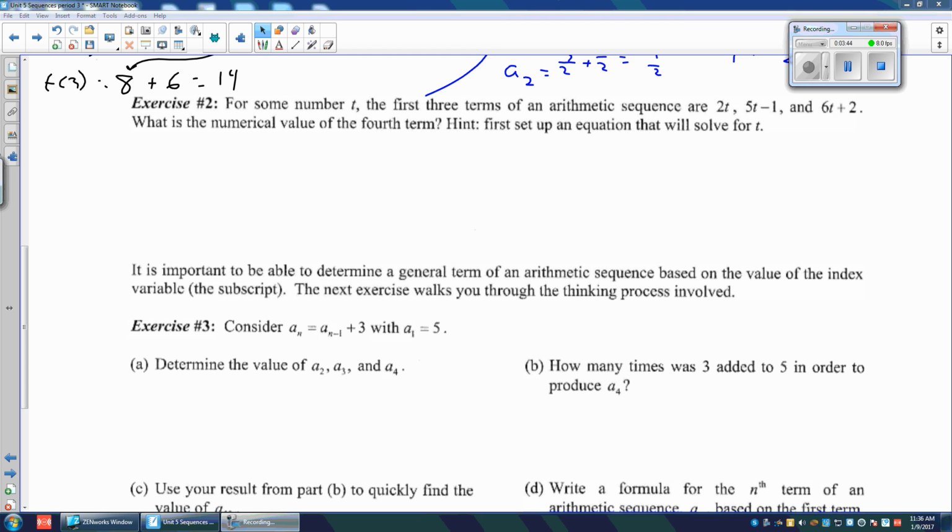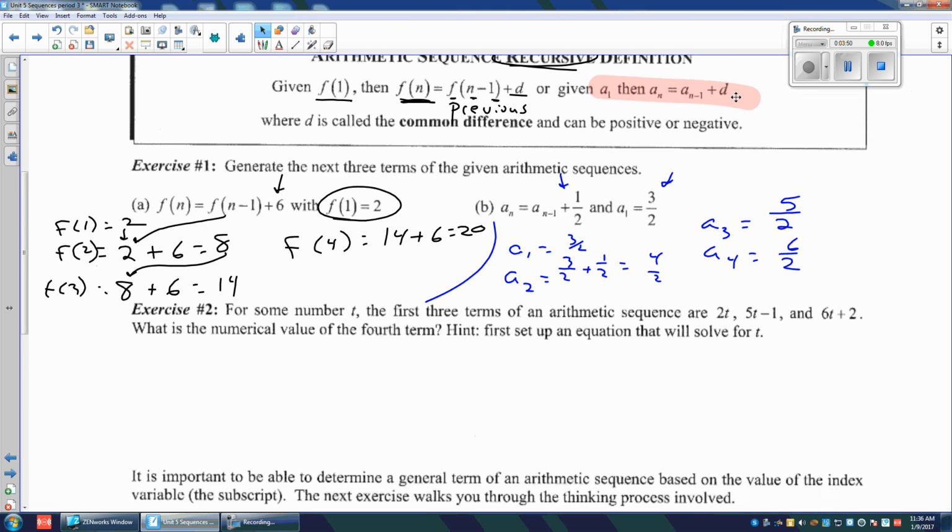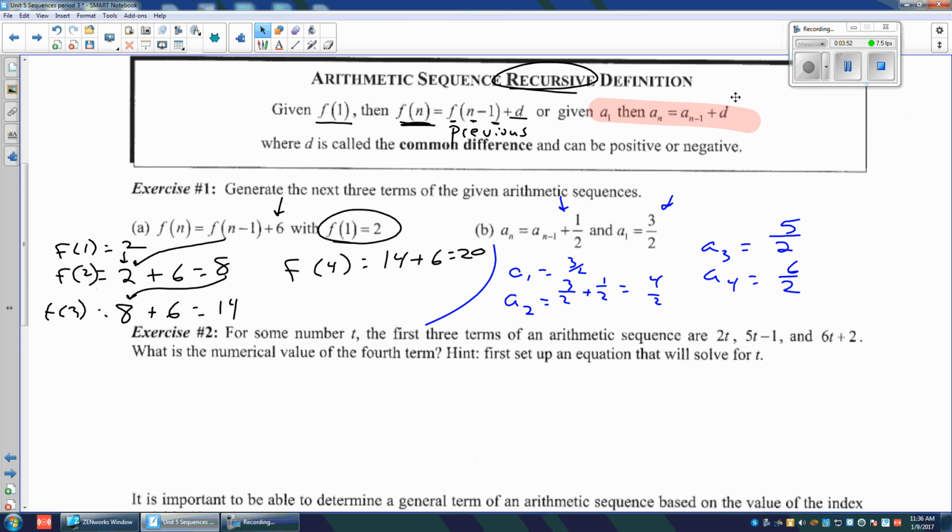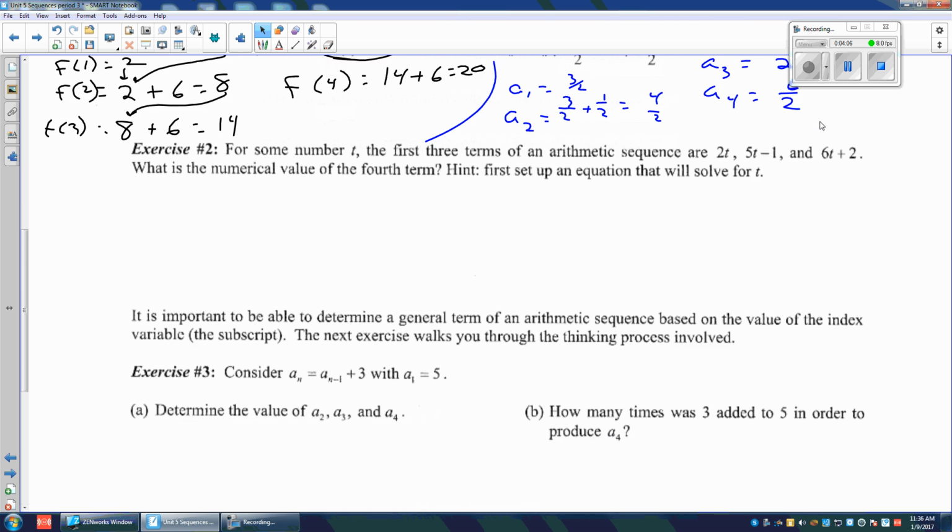What do we know about the definition of an arithmetic sequence? What makes it arithmetic is that you have a common difference, where we're adding the same number to the equation every single time.